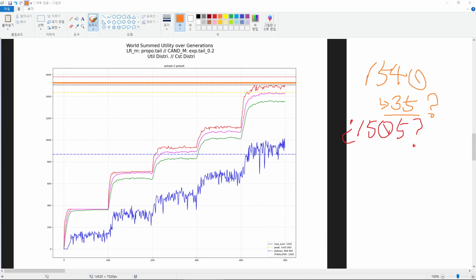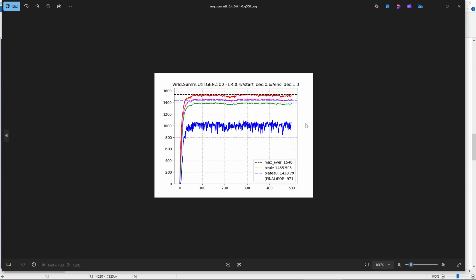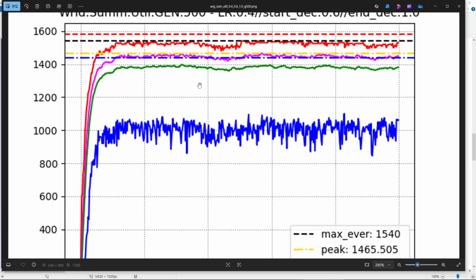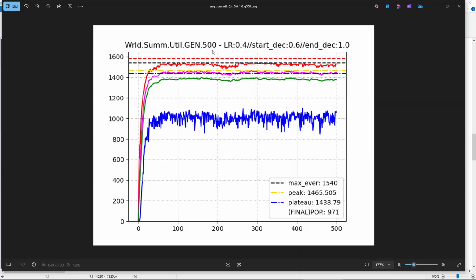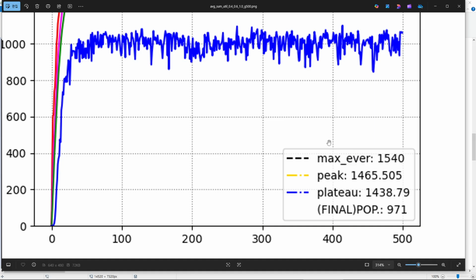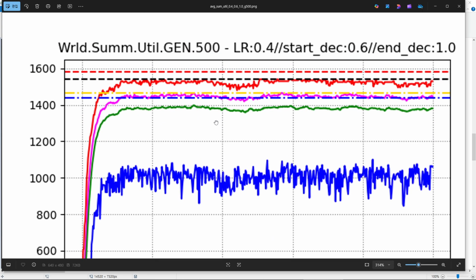From one of the ways that I did the evolution, this is one of them, and you can see that even when I'm using the fixed universal learn rate of 40%, and the candidate method being range, where the start decile is 0.6 and the end decile is 1.0, meaning from the bottom 40%, the heads constantly and consistently reach the maximum ever, that is 1540.